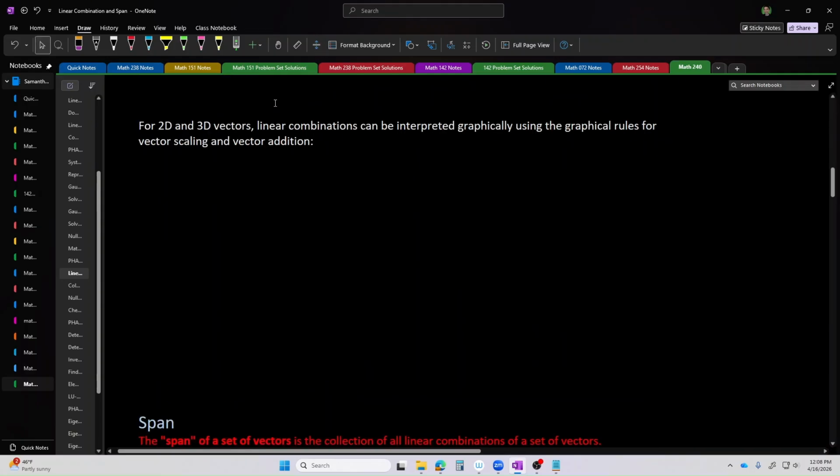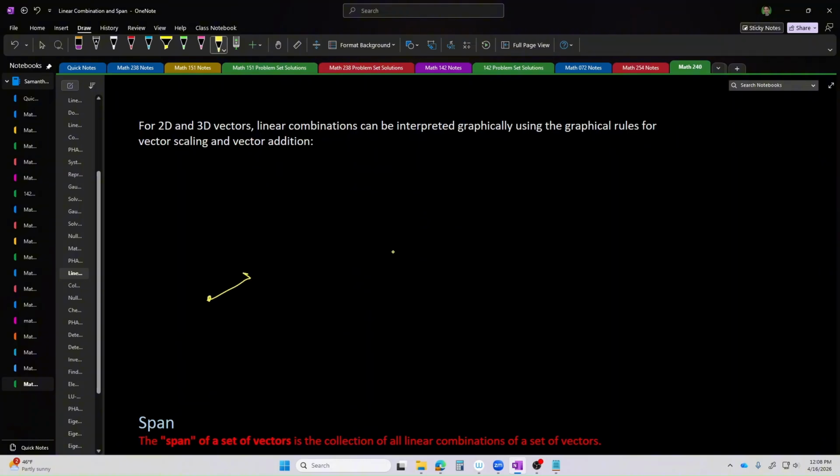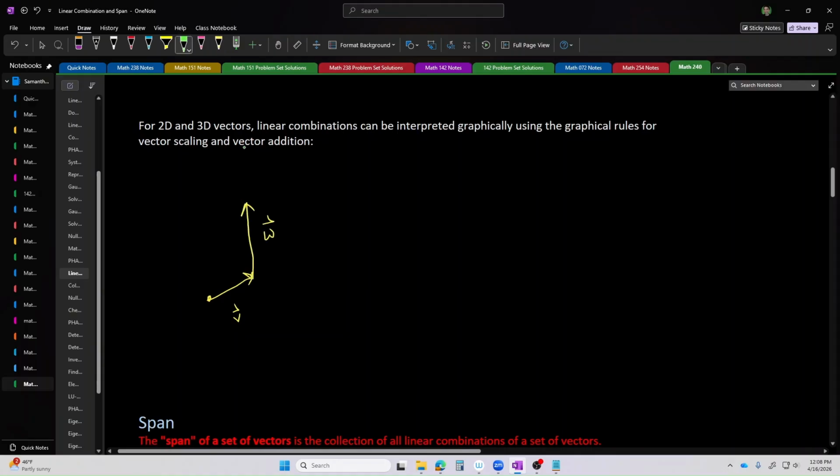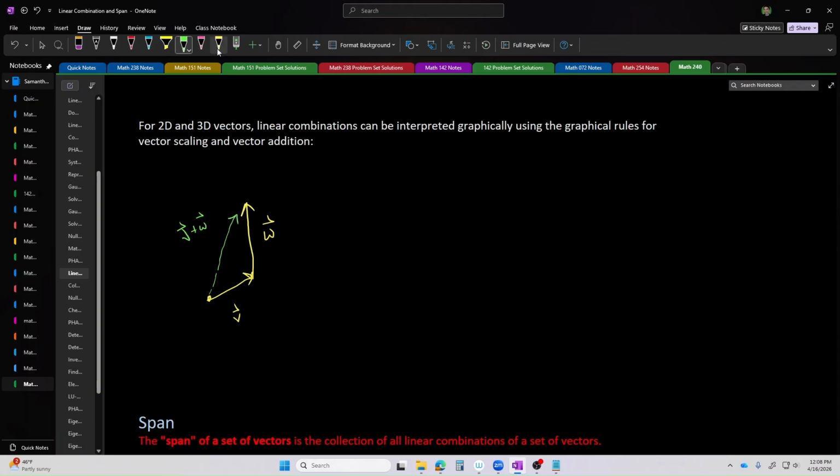Now, you might recall that when we learned about vector scaling and vector addition, we had some ways to interpret those actions graphically. So for example, if my vector v looks like this, and my vector w looks like this, pointing straight upward, then the vector v plus w would complete that triangle, v plus w here.